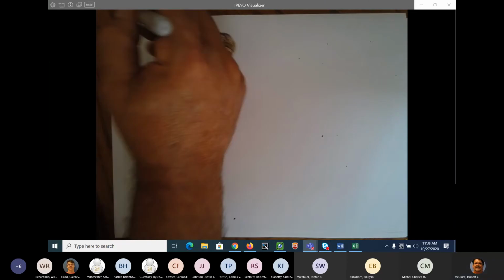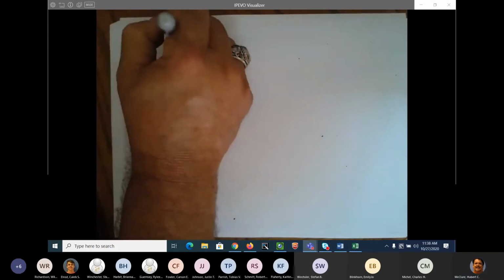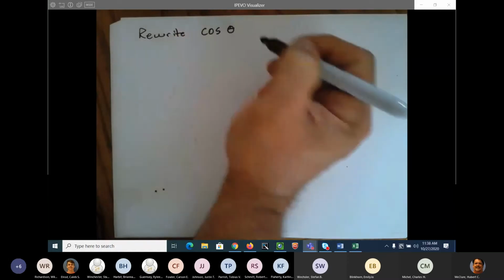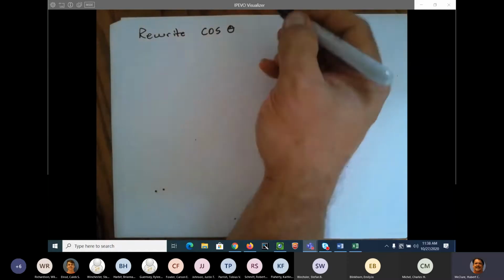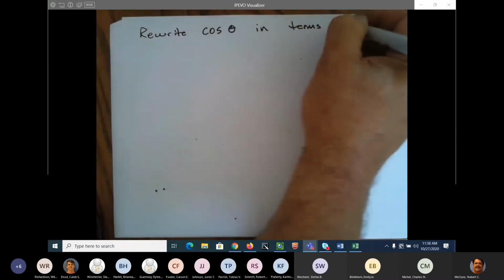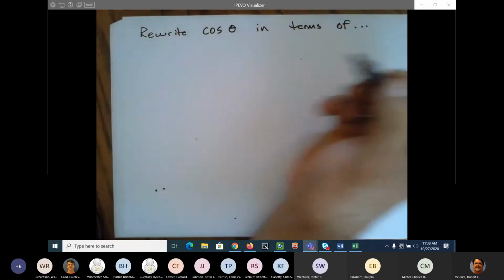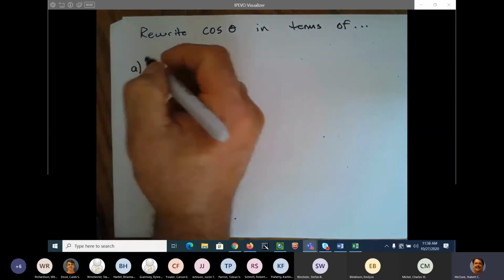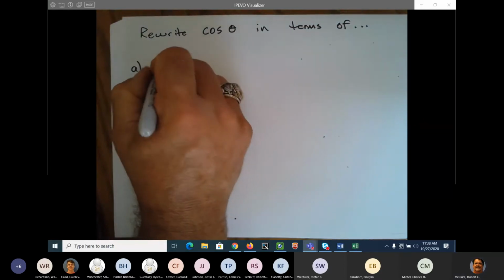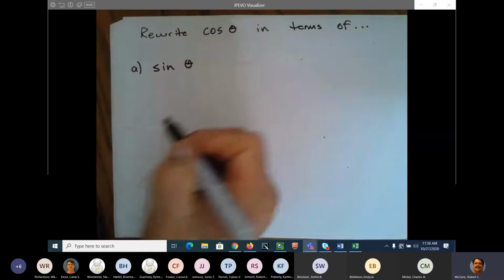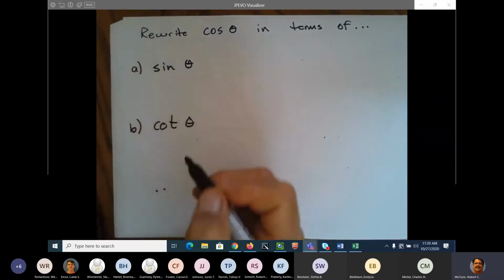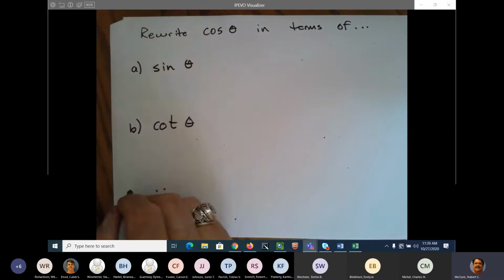This one says rewrite cosine in terms of the ones that are missing: A, sine, B, cotangent, and C, cosecant.